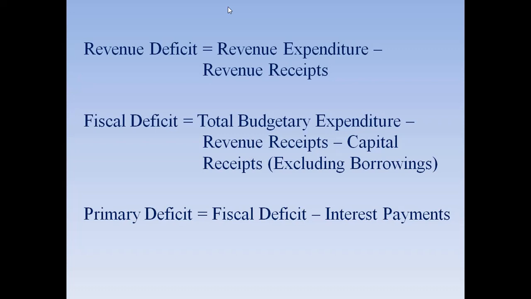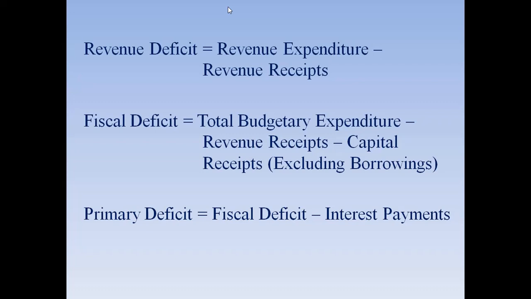Let us revise one more time now. Revenue deficit equals revenue expenditure minus revenue receipts. It will show that the government's expenditure is more than the receipts in terms of revenue. Whereas the fiscal deficit shows the same thing but in terms of the totality.